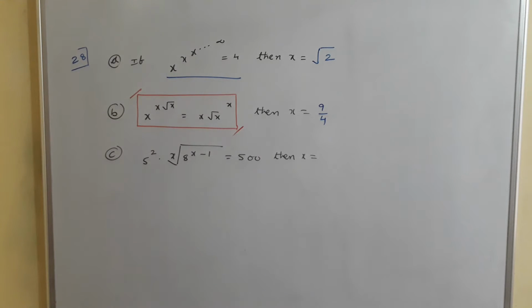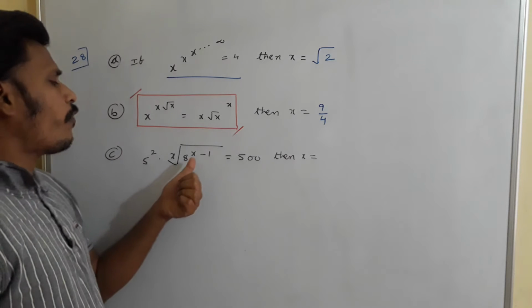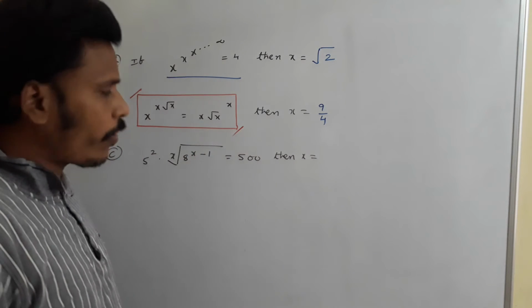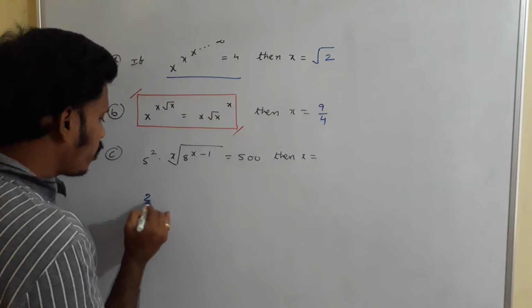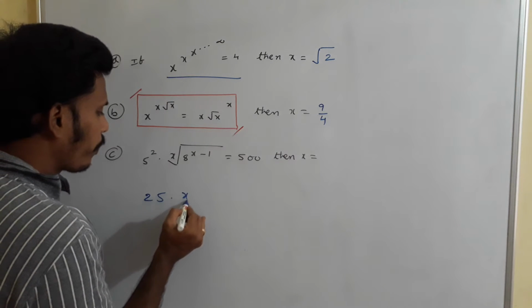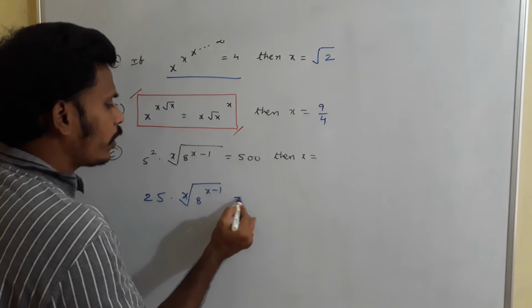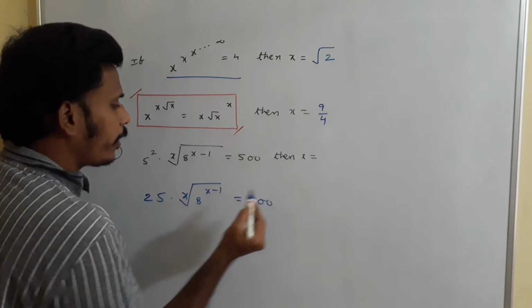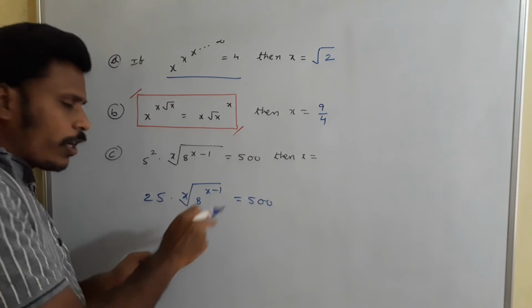So the next problem is this, C. 5 square into x-th root of 8 power x minus 1 is equal to 5 square. I think it is a bit simple to solve. This is 5 square, which is 25, into x-th root of 8 power x minus 1 is equal to 500. First of all, you just try to send this 25 to this side.